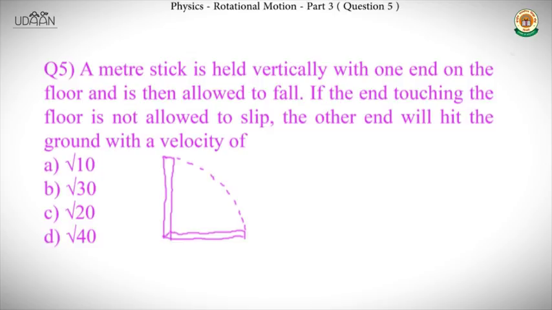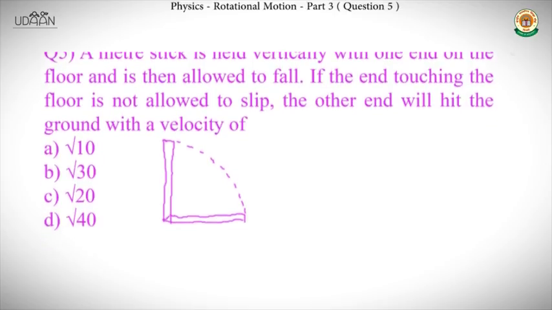Now we know nothing about the stick. However, the question very smartly tells us that it's a meter stick. So now we know that this length L is equal to 1 meter. Now if we try to solve this question, we know that there are no forces except for the gravitational force and the frictional force.